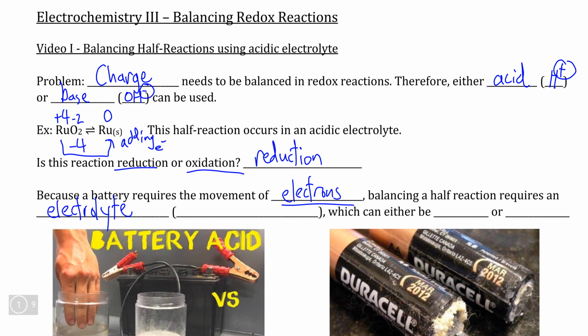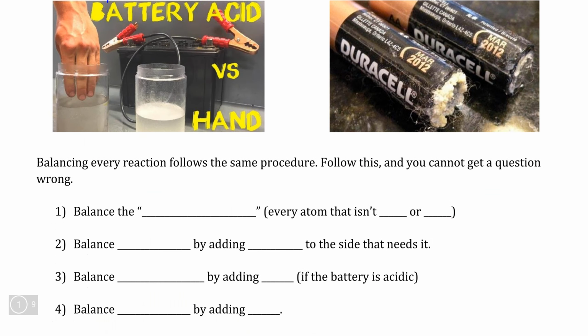In batteries, this electrolyte is either going to be an acid or a base. In this case, we've designated an acid electrolyte. We will talk about how to balance redox reactions in base electrolyte in a separate video.